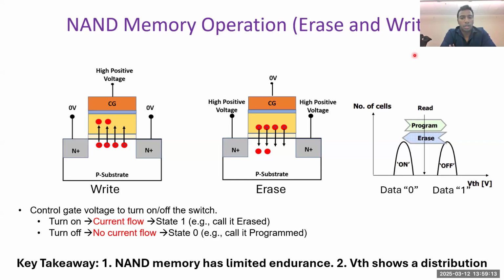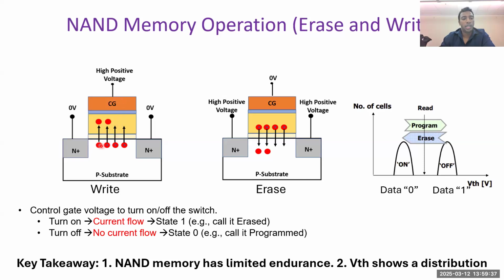Now, let's talk about writing and erasing the data from a NAND cell. To write data, we need to store electrons in the floating gate, as I mentioned. So for that, we are going to apply 0 volt on the source and drain, and then we are going to apply a very high positive voltage on the gate, or the control gate.